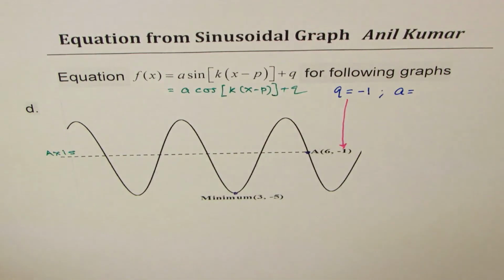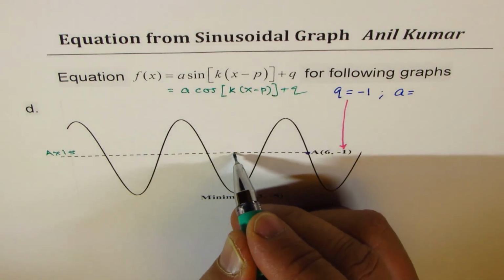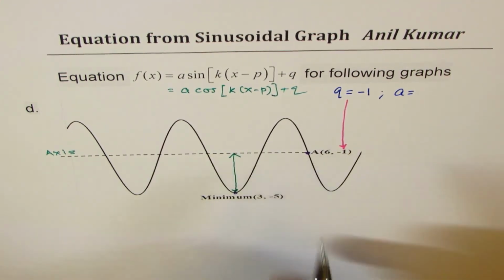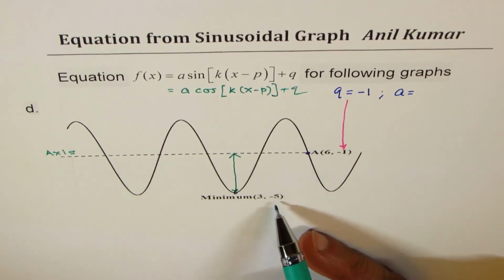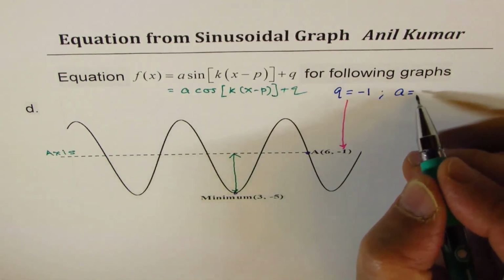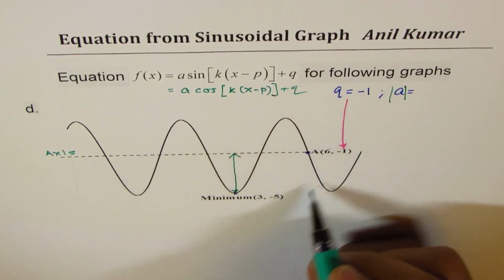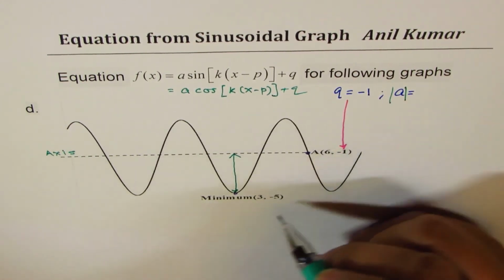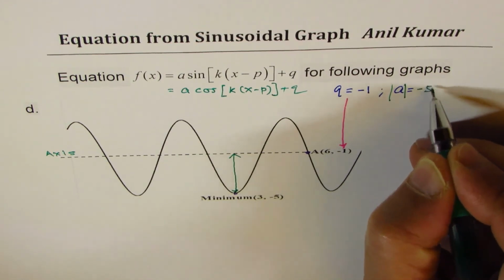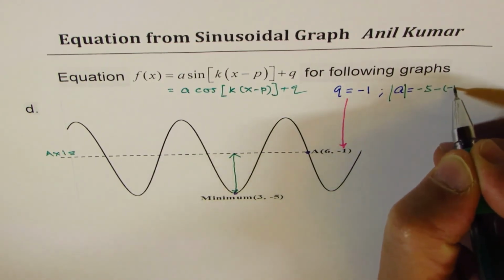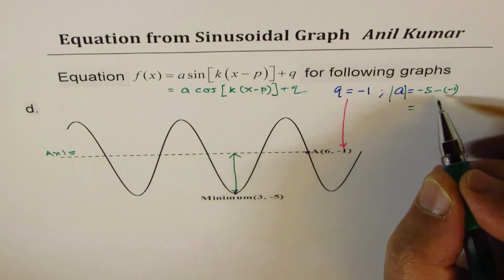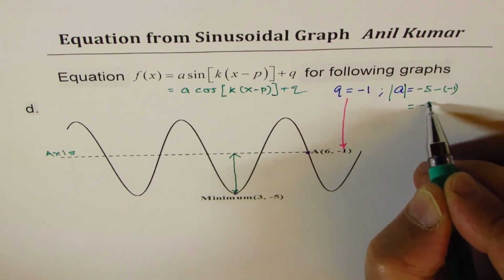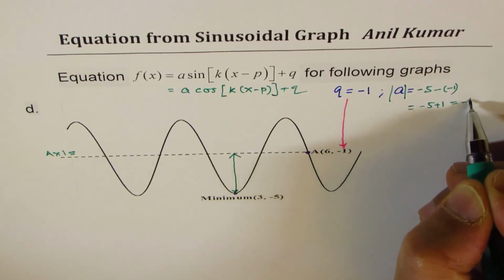Amplitude A, as I was saying, is the distance from the axis to the maximum or minimum. So the distance is from minus 1 to minus 5, correct? So we could say the absolute value of A is this distance. Sometimes you can get a negative value, you have to make it positive. So you could write minus 5 and take away minus 1, and this becomes plus 1, so minus 5 plus 1, which is minus 4.